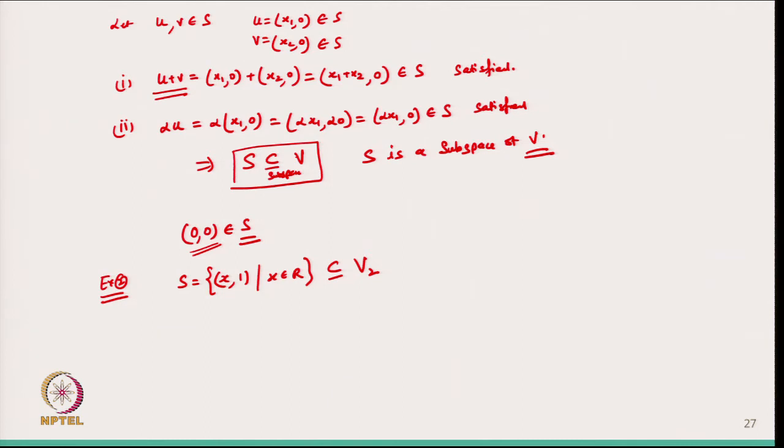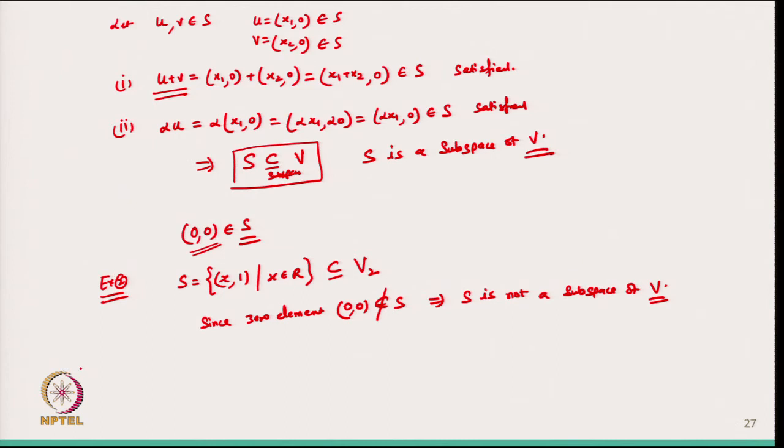Since the 0 element, that is (0, 0), does not belong to S, I can say that S is not a subspace of V. Directly I can say that this is not a subspace of V.